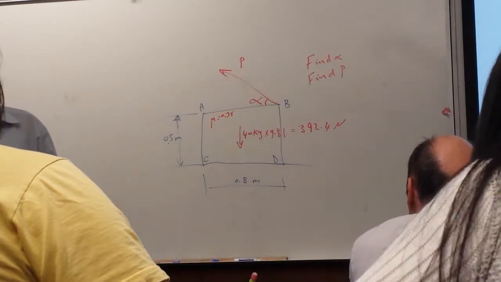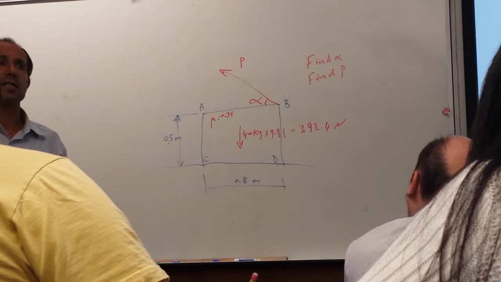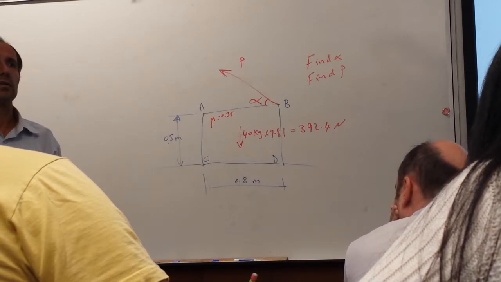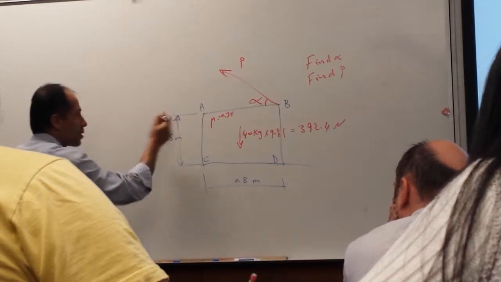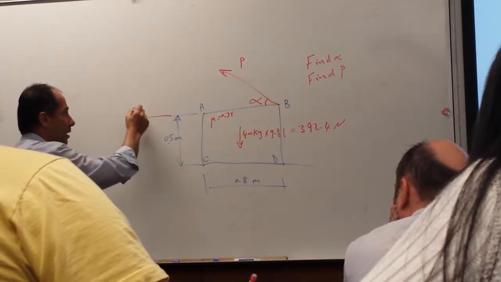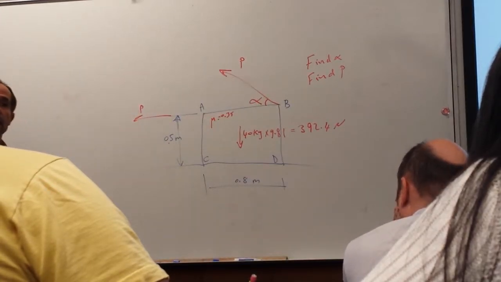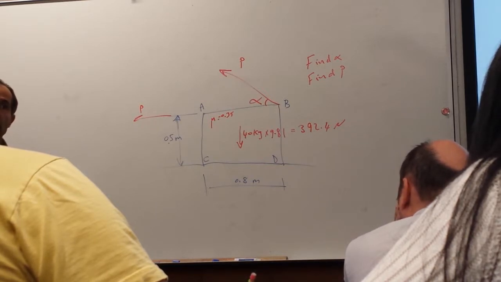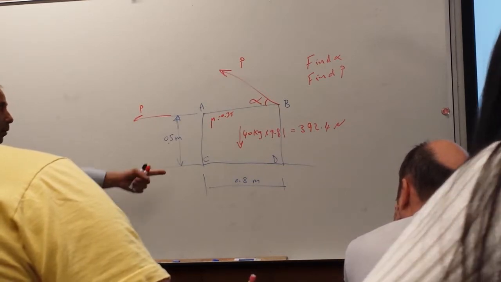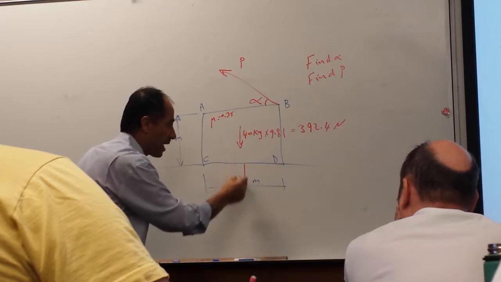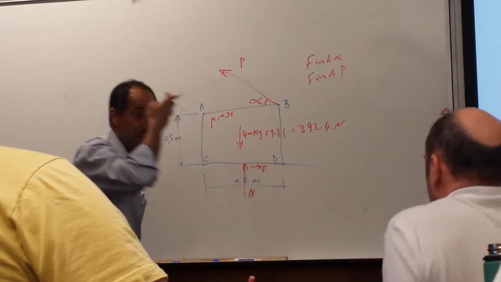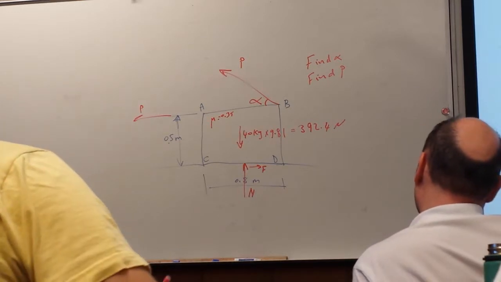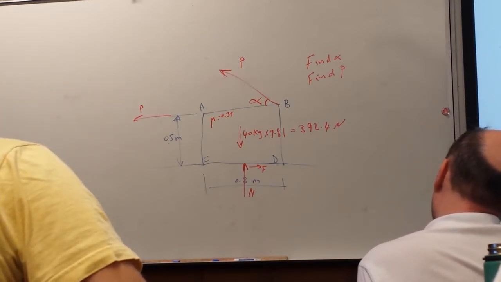If alpha is 0, let's imagine that alpha is 0. What do you get in here? Alpha is 0, so I'm pushing this way, correct? P. And all I need is to overcome the friction in order to move. What forces do I have in here? I have N and I have Fm, which is the maximum friction that this surface can handle.